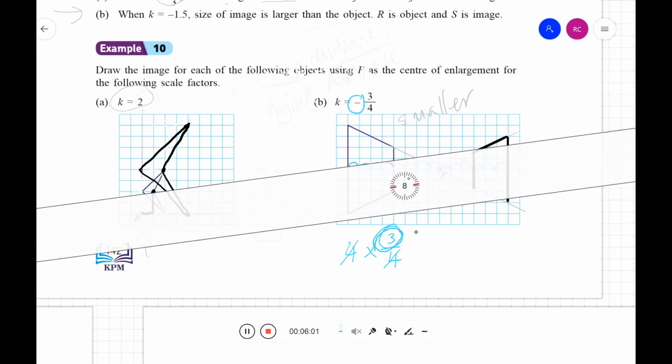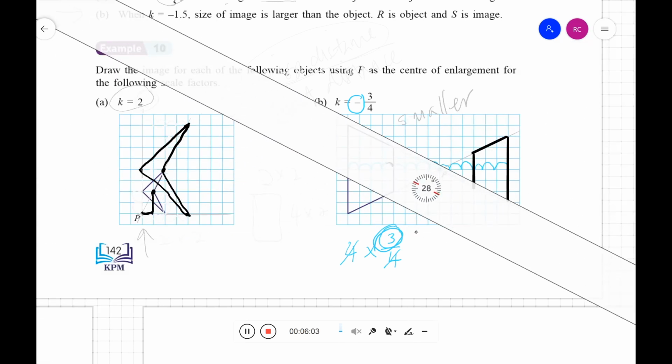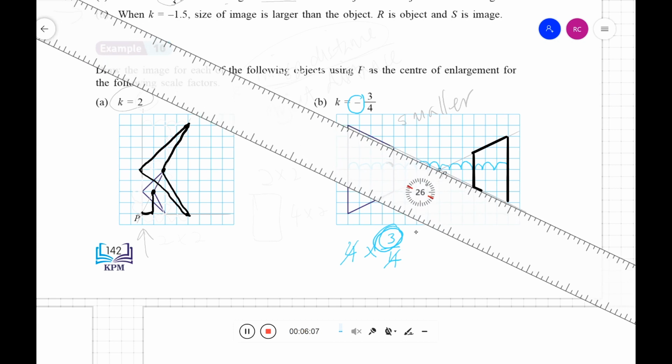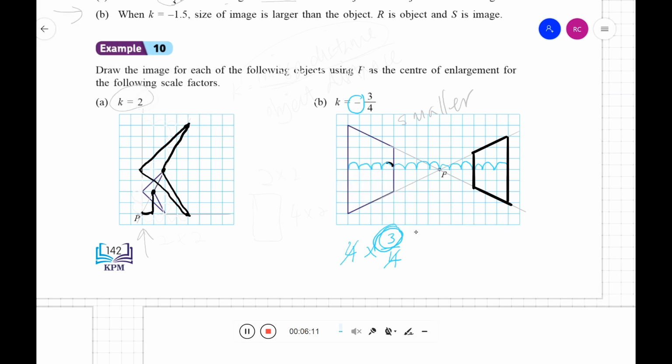And the other side. Make sure your line doesn't extend. Okay, draw properly. So we've got the image for the object already.